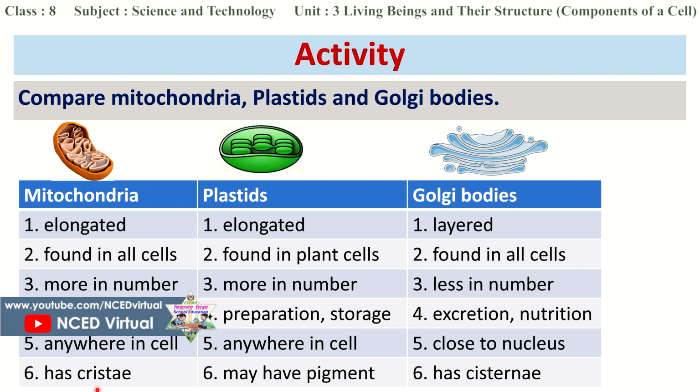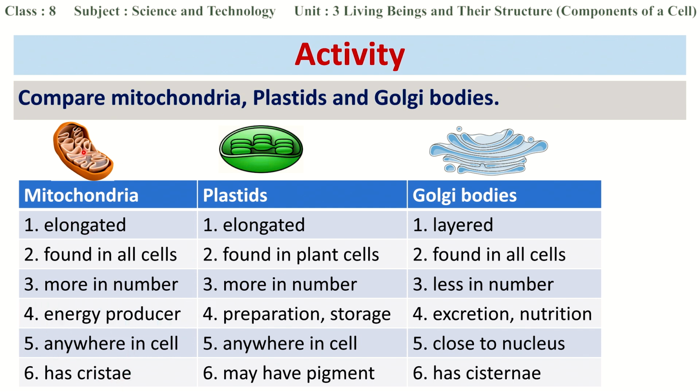So here it has cristae. Cristae means that folding structure is called cristae. Here it is called cisternae. Here cristae, here cisternae. And here they have layers of pigments. Only leucoplasts do not have pigment, but chloroplasts and chromoplasts have what? Pigments. Okay. So you are clear about that comparison?